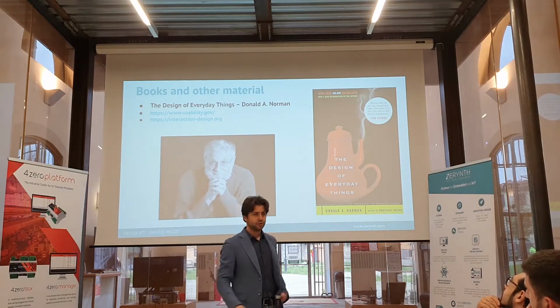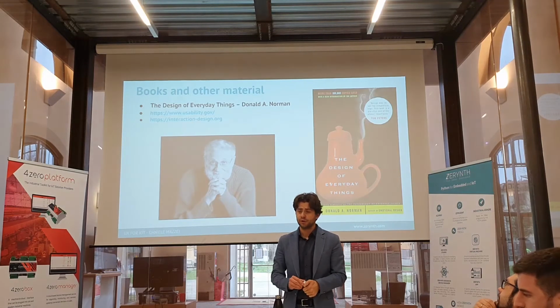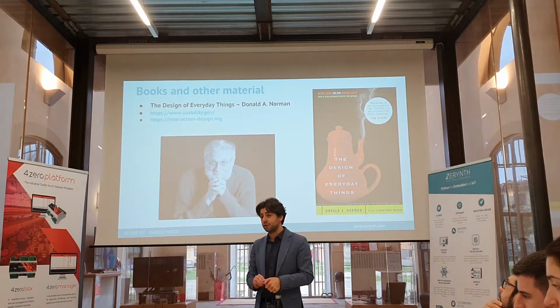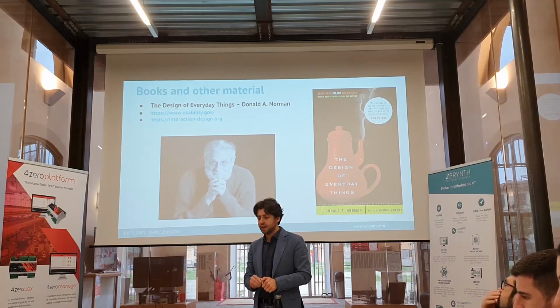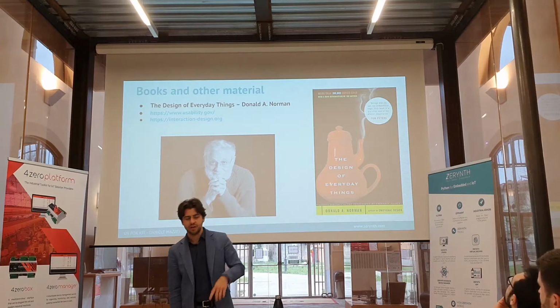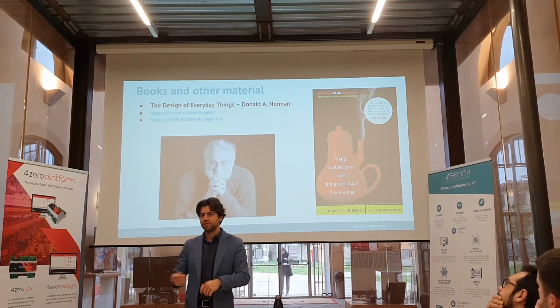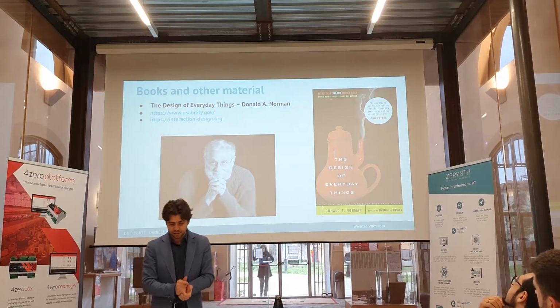What I'm going to talk about today is based on the seminal work of Donald Norman. He is a professor from the US who wrote this seminal book called The Design of Everyday Things. In Italian it is La caffettiera del masochista. You can find both the book in Italian and in English.